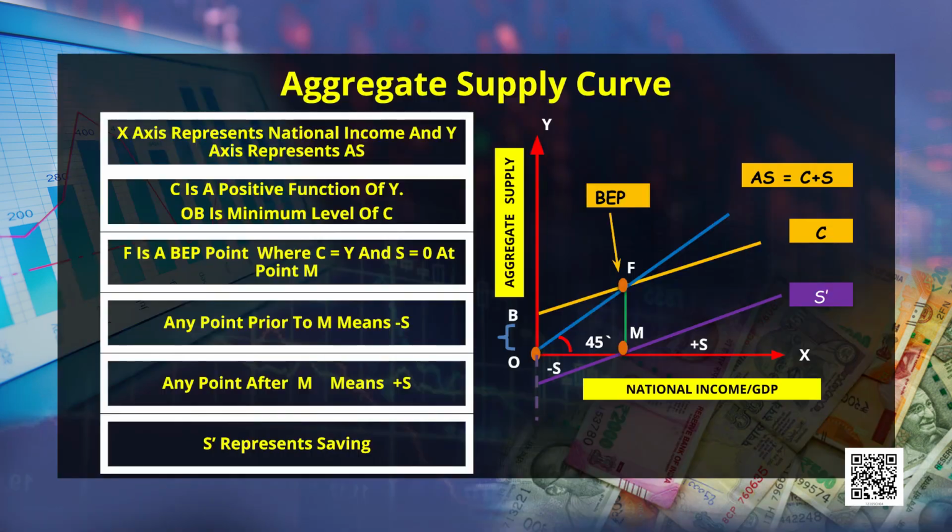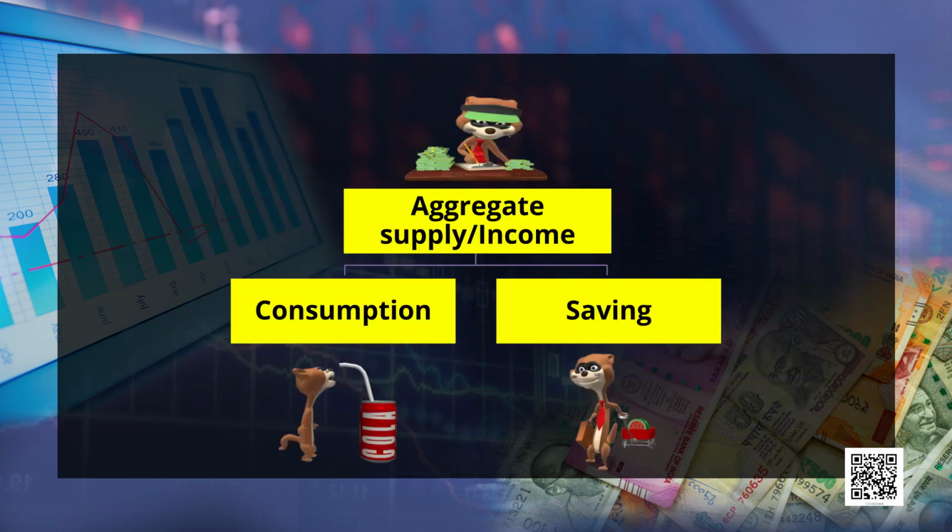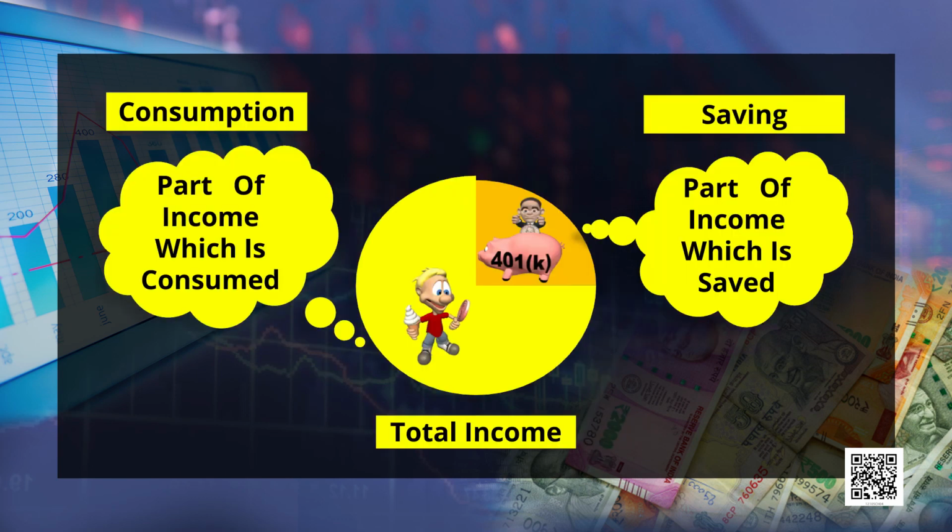Summing up our aggregate supply, it refers to the total supply of all goods and services in an economy. It is always equal to our national income and hence the aggregate supply curve is a 45-degree line, because all points on this curve are equidistant from the x and y axes. Further, aggregate supply is divided into two parts, consumption and savings. Consumption is that part of income which is spent, savings means that part of income which is saved.